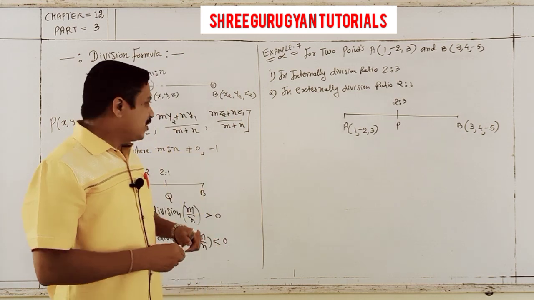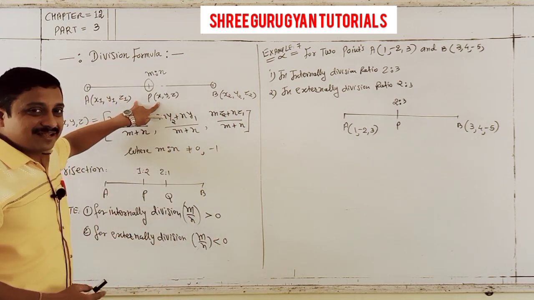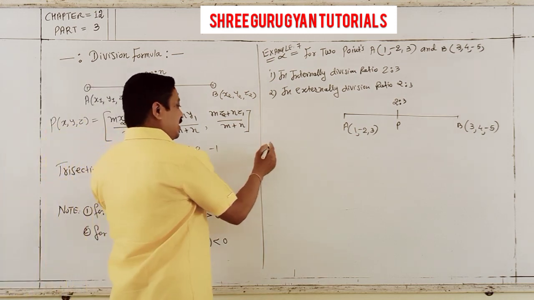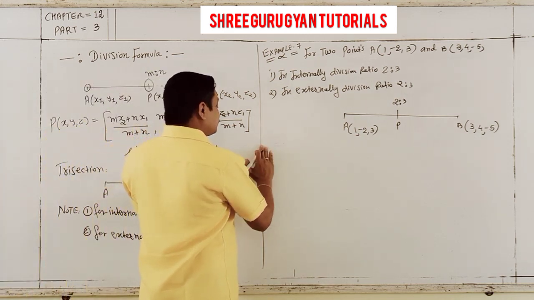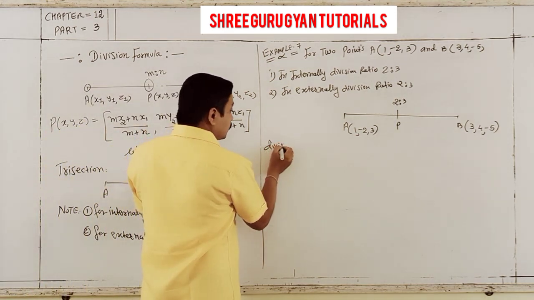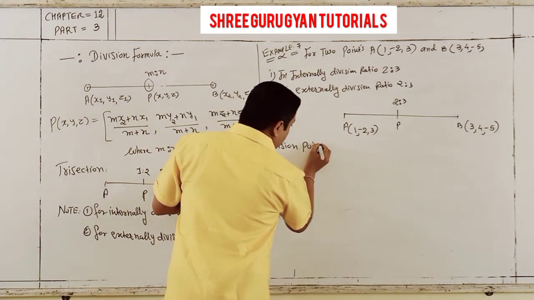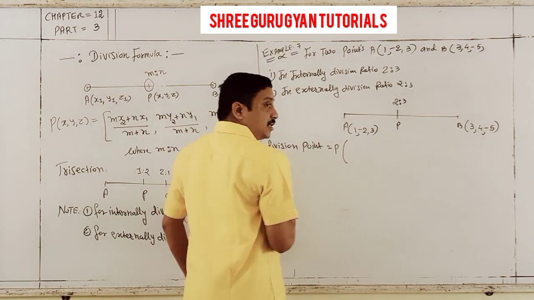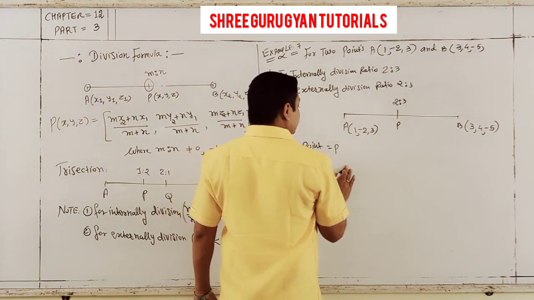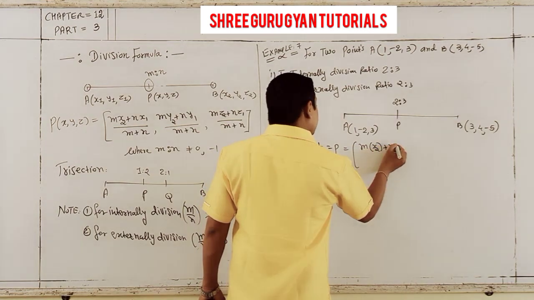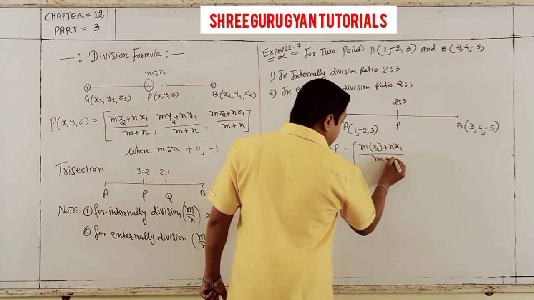Very easy, apply this formula, m:n. So the coordinates of the division point P in internal division: mx2 plus nx1 by m plus n.